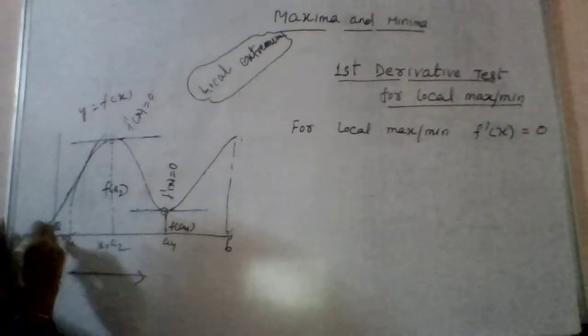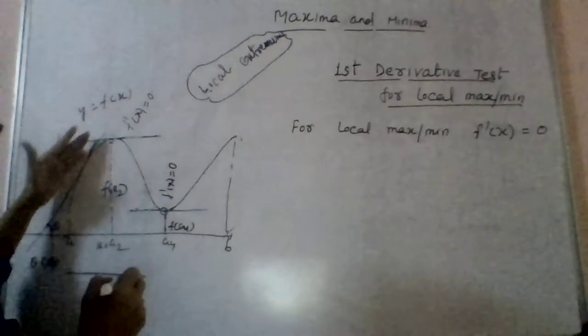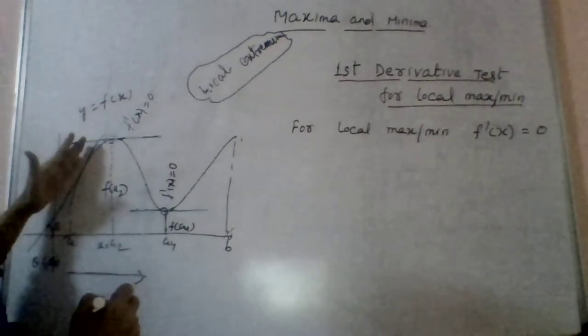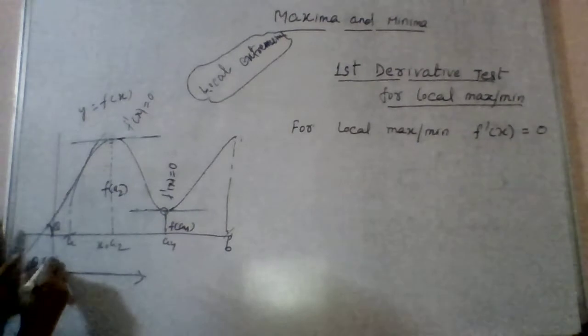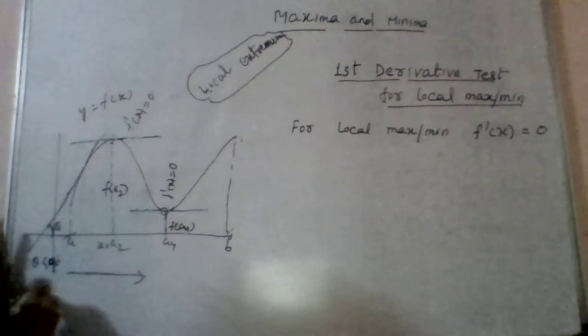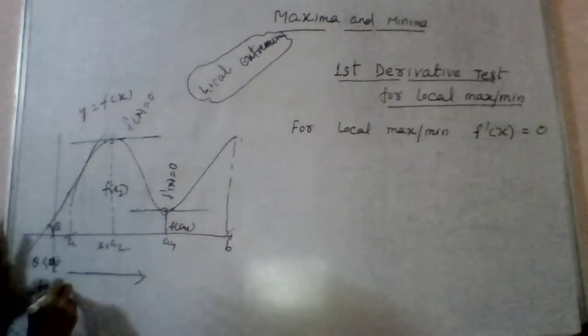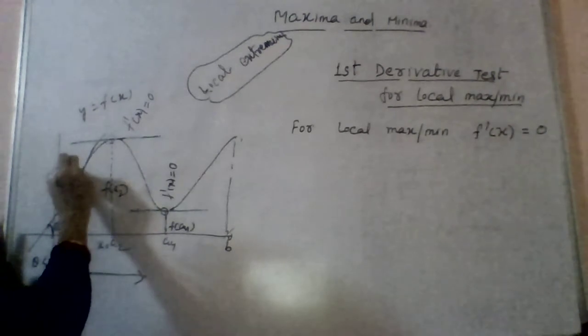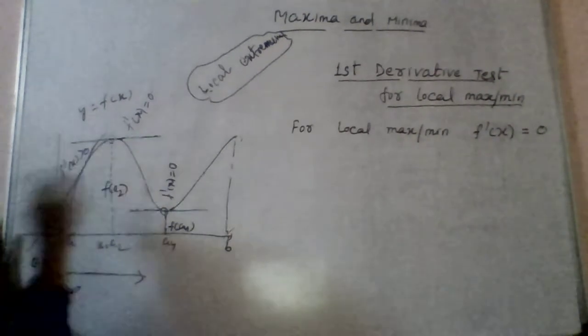It means the slope of this line is greater than 0. Theta less than 90 degrees, tan theta greater than 0. So here f dash x is greater than 0.